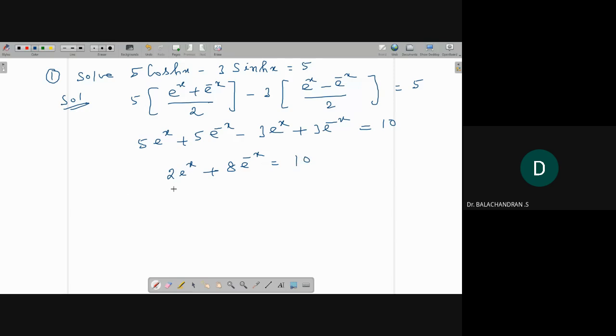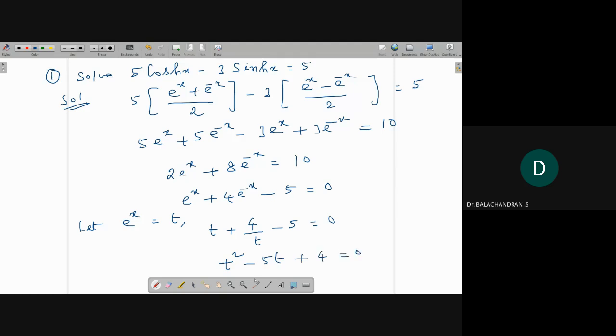Okay, throughout divide by 2, you'll get e power x plus 4 e power minus x minus 5 equal to 0. So let us take e power x is equal to some t. So t plus 4 by t minus 5 equal to 0. So we multiply by t: t square minus 5t plus 4 equal to 0.